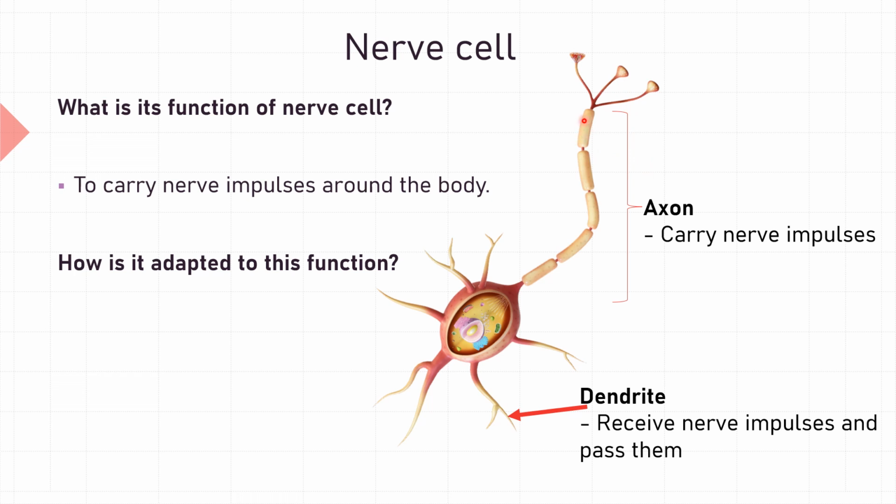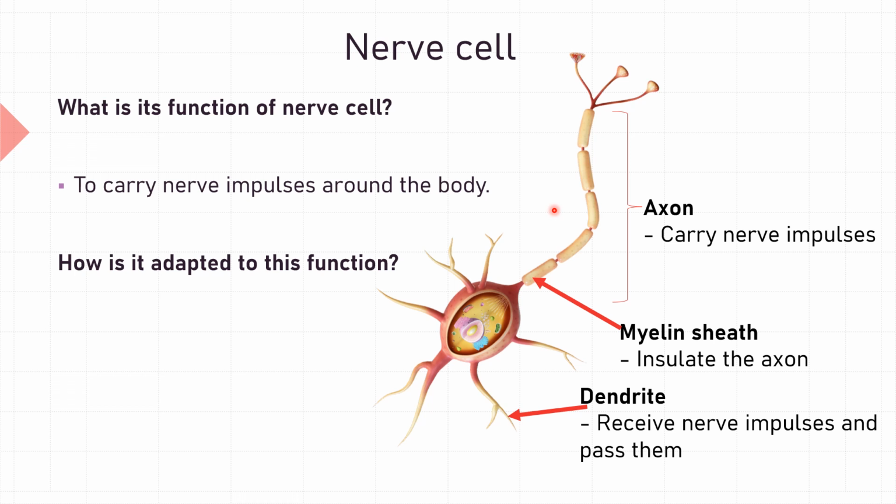If you notice, the axon has parts that look like sausages, but they're not sausages. They are the protection of the axon, because the axon is carrying nerve impulses like electricity. You know how you have a cable. Inside the cable you have a wire made of copper.